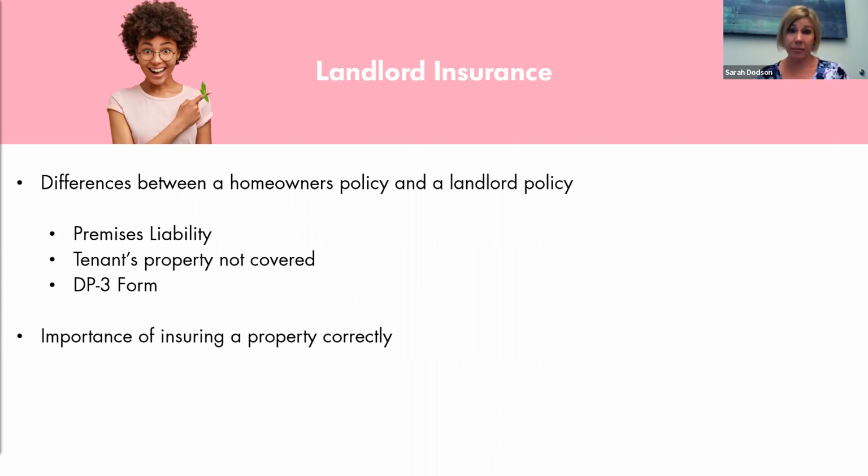Loss of your income is included in the landlord policy. So this will help compensate you for lost income in the event that a rental property becomes uninhabitable due to a covered loss, such as a fire or a storm. So let's say that your tenant experiences a fire in the kitchen, and while the kitchen is being renovated, they have to go stay with someone else or stay in a hotel.